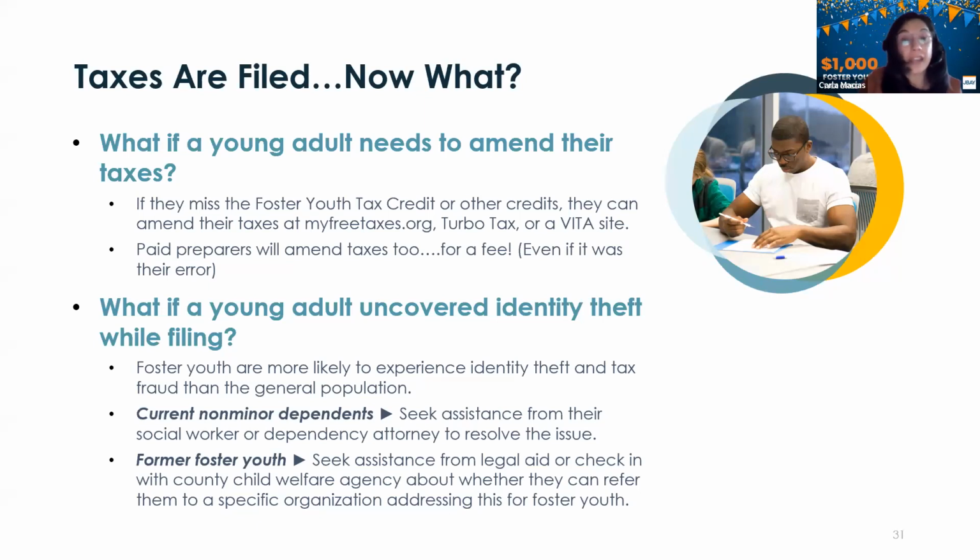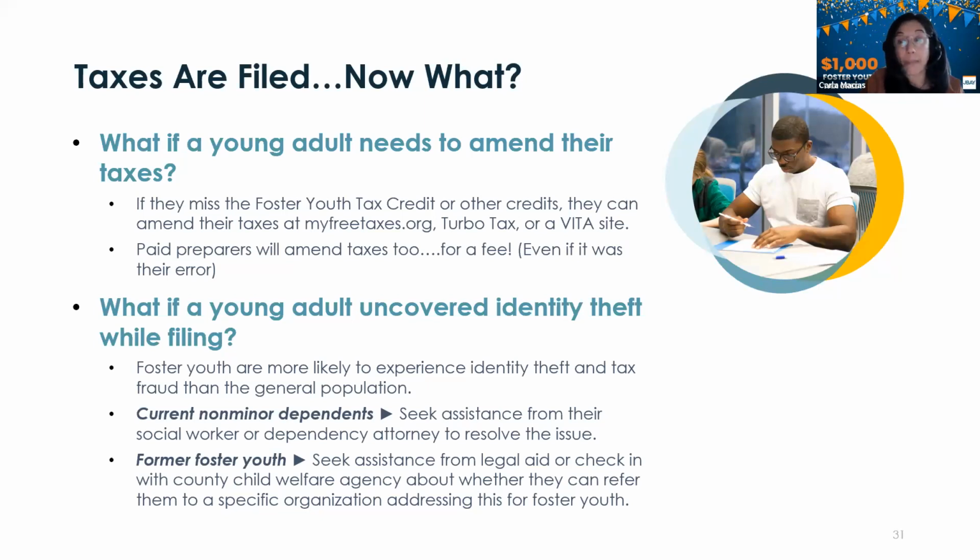And then another thing is that a lot of foster youth, unfortunately, because they move through multiple placements, there's a lot of adults that have access to their private information. So unfortunately, they are particularly vulnerable to identity theft.